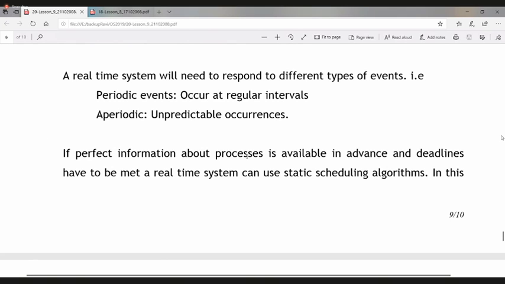If perfect information about the processes is available in advance, and deadlines have to be met, a real-time system can use static scheduling algorithms. So if we know these are the processes available and these are the time constraints, we can have certain scheduling algorithms.